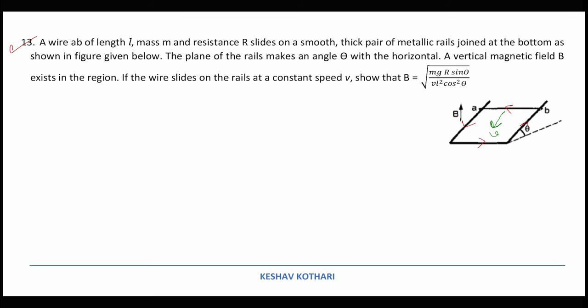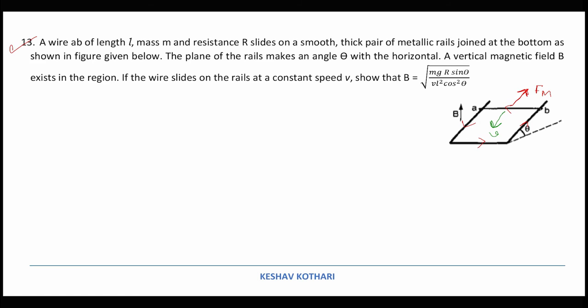So this is the direction of current that is induced in this segment. Now if we first find the direction of magnetic force, I say that the magnetic force is acting in the upward direction, that is, F magnetic will act in this direction. This is determined using the left hand rule.